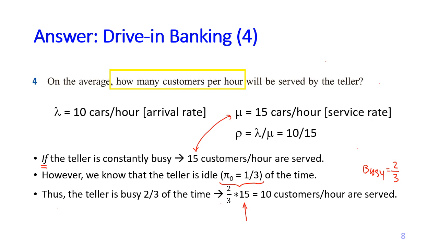Now we know that the teller is only busy 2/3 of the time, so the teller only serves 2/3 of that amount, which means that the teller on average serves 10 customers per hour. So that's all for this example, and we're going to look at another example in the next video. See you in the next one, and thank you.